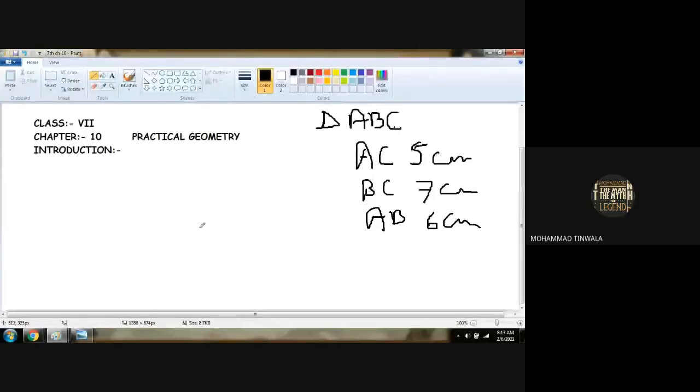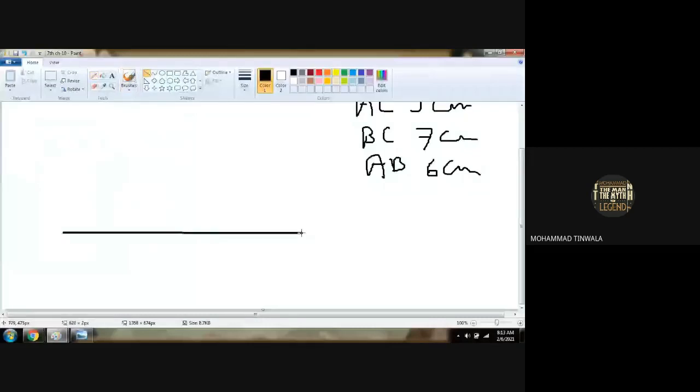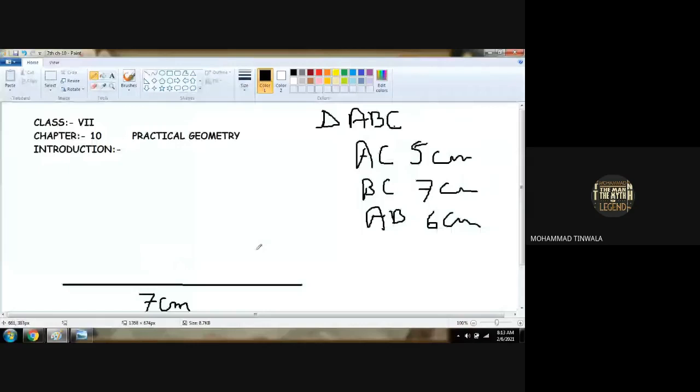So we will take BC as our base. With the help of a line segment, we will check the exact 7 centimeter with the help of a scale. Then with the help of the scale and rounder pencil, we will place B over here first of all and C at this point. I'm just giving the reminder.